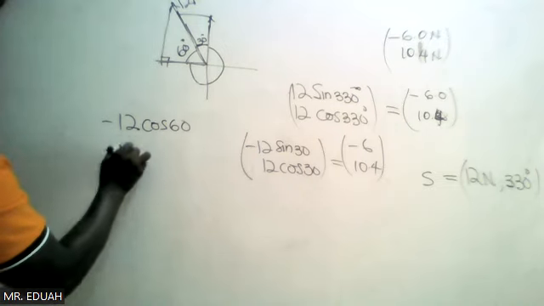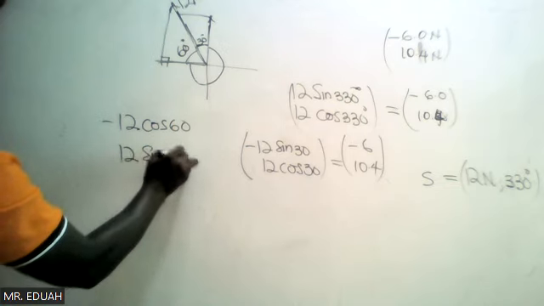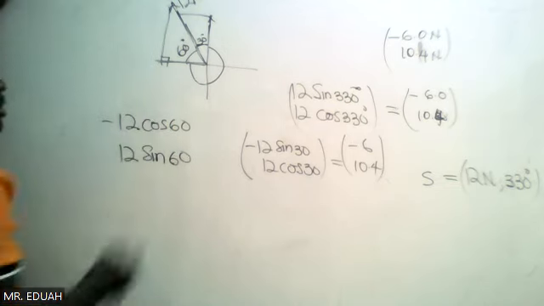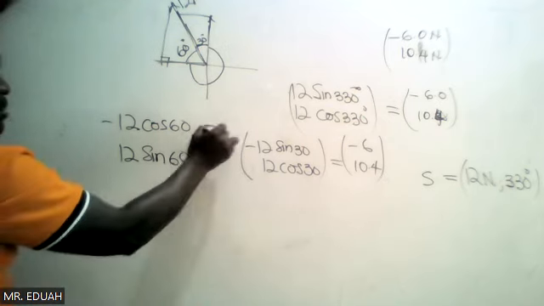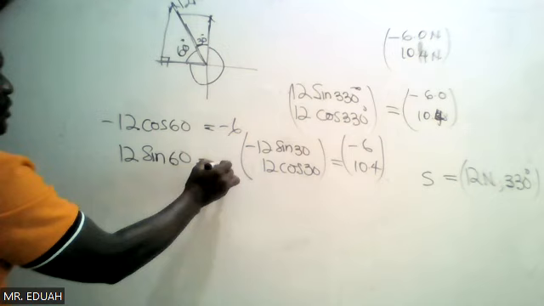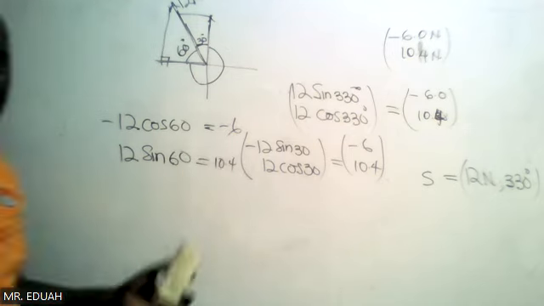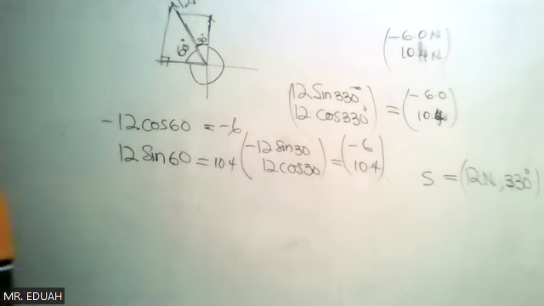Then 12 sine 60, which is along here, positive. Minus 6, and 0.866 times 12, which will be 10.4. So both ways would give you the same results.